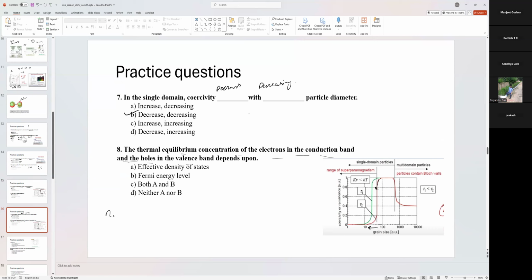So the formula is n naught, which is your electron concentration, equals the effective density of states in the conduction band, N_C, times exponential of (E_F minus E_C) over k_B T, and the concentration of holes is N_V times exponential of (E_V minus E_F) over k_B T.